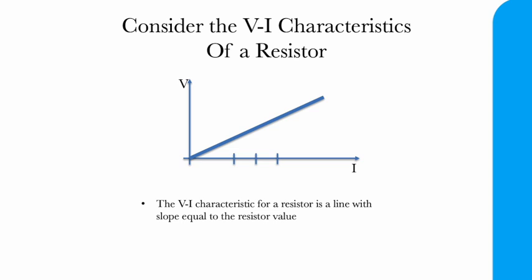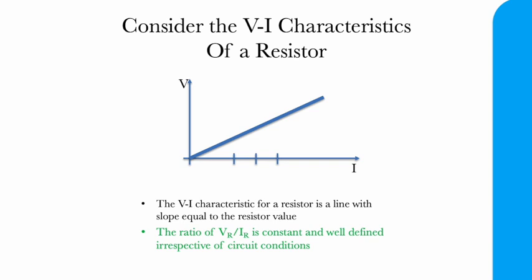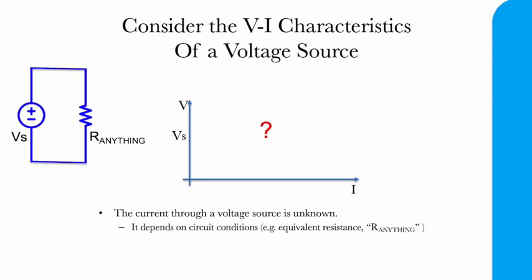The VI characteristics are a straight line with slope equal to the resistor value. Now, important to note here, and in contrast with our other elements, is that the ratio of the resistor's voltage to current is constant and well defined as the resistor value, irrespective of circuit conditions.